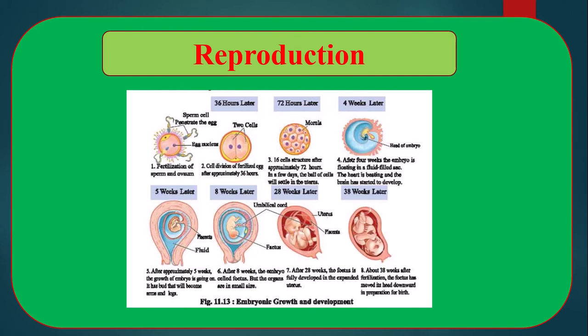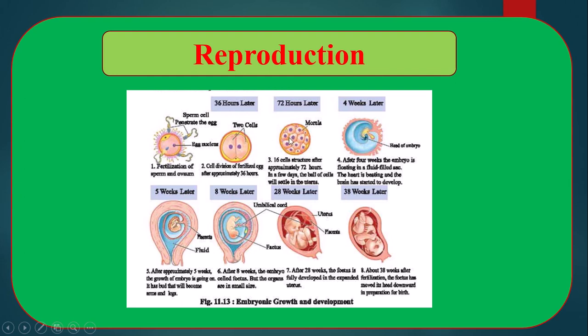Follow the picture. Here at first fertilization, this is egg fertilized by sperm. Then this fertilized egg starts to divide from 1 to 2, 2 to 4, 4 to 8, 8 to 16.